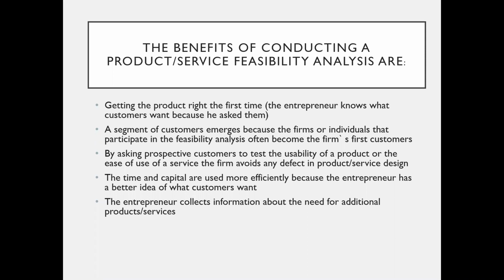So it is easy for us to understand our customer segmentation. We can target the customers properly, and the people who have used it, who have understood it, and who are ready to accept it, those people themselves become our first customers.